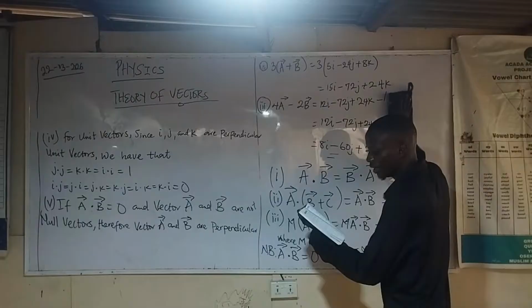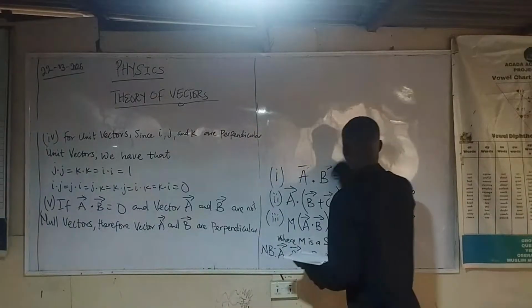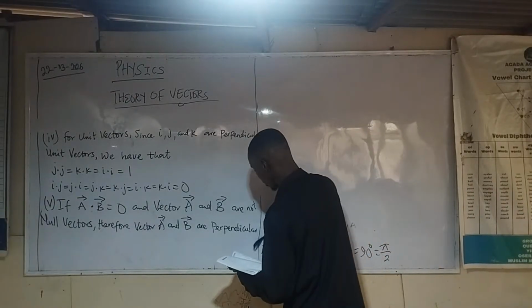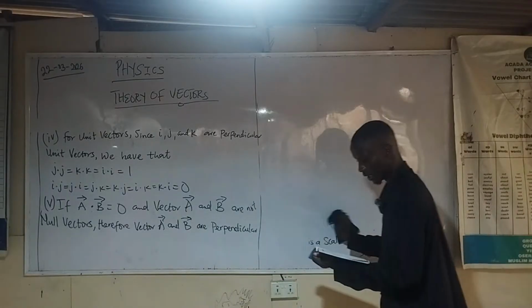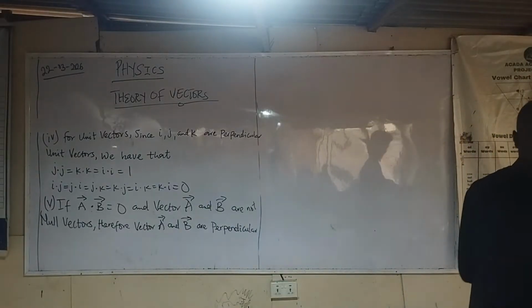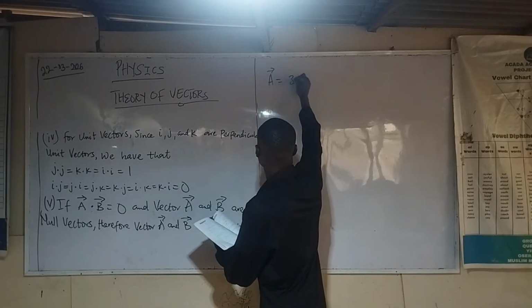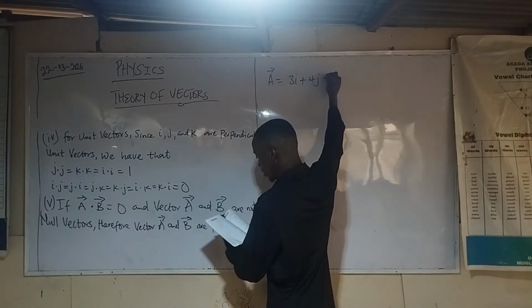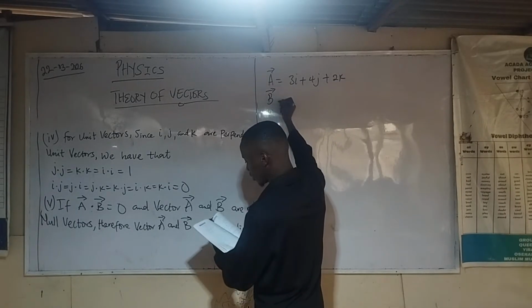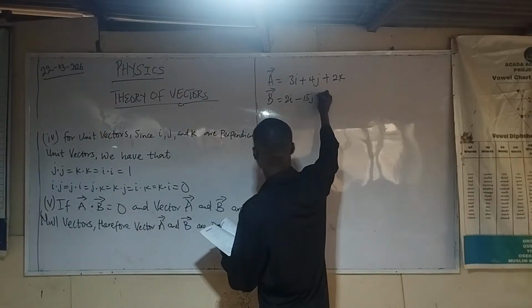Example 1. Find vector A dot vector B, if vector A is equal to 3i plus 4j plus 2k, and vector B is 2i minus 15j plus 8k.